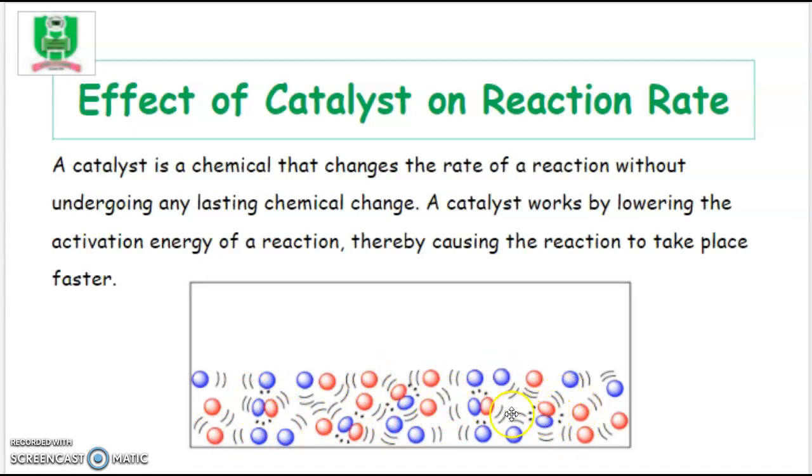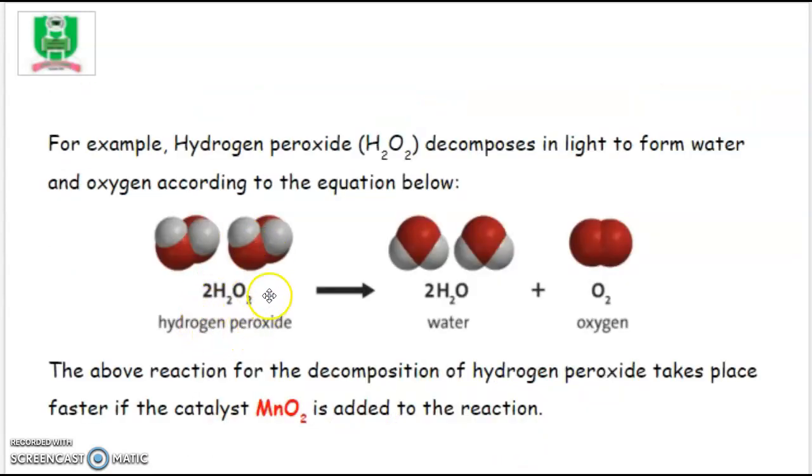And so the reaction rate actually increases. For example, when hydrogen peroxide breaks down, whenever it decomposes, water and oxygen gas are formed. It is observed that when manganese oxide is added to the process, the breakdown happens a lot faster.